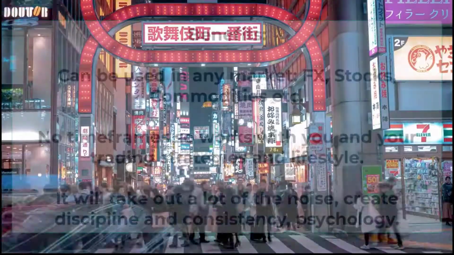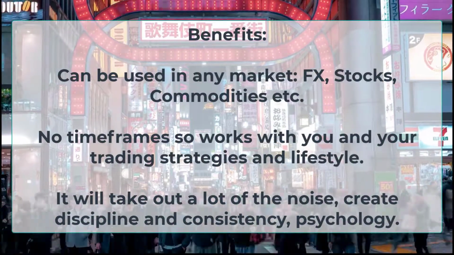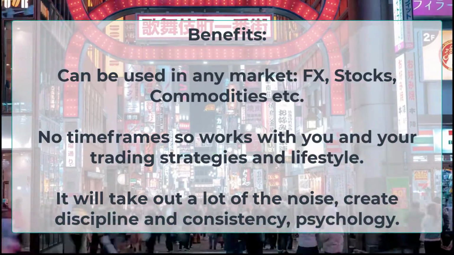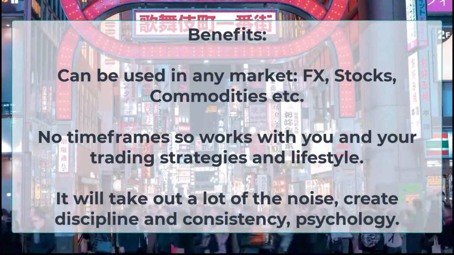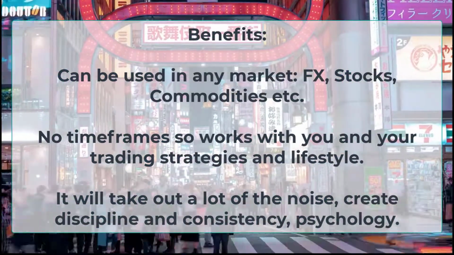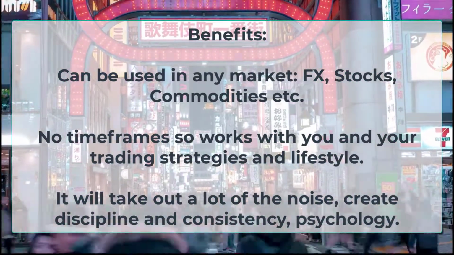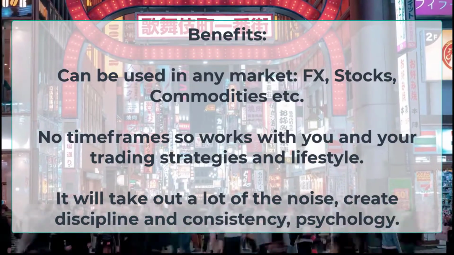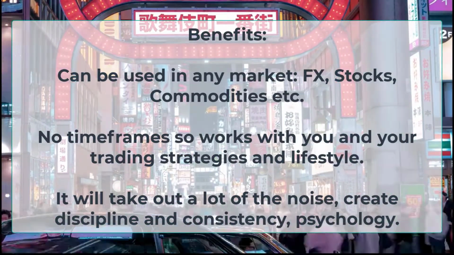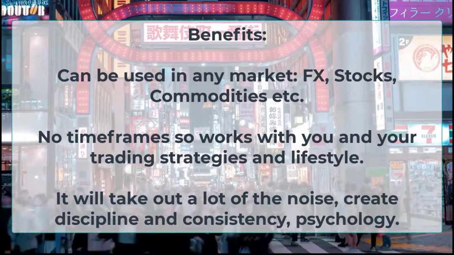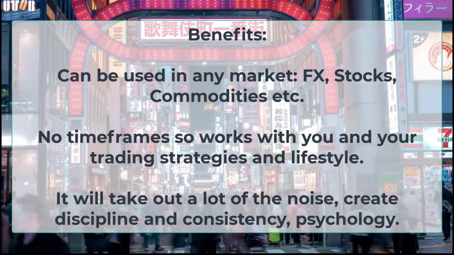It can be used in any market. There are no time frames, so you can speed it up or slow it down by price to suit your trading strategy, style, lifestyle. It will take out a lot of the noise of your trading and help you with discipline, consistency, and that all elusive trading psychology.